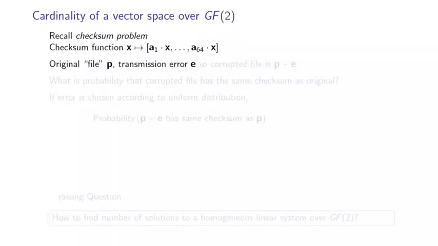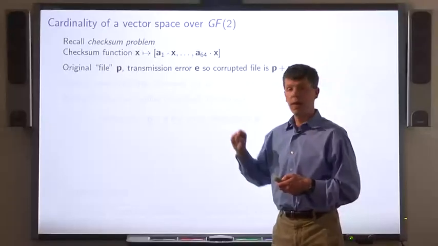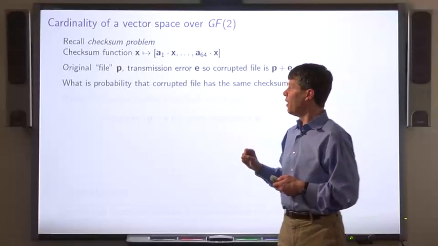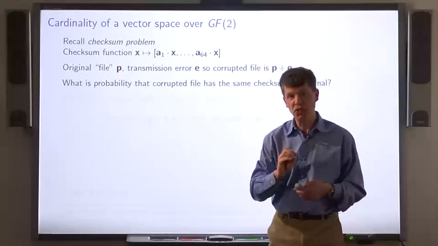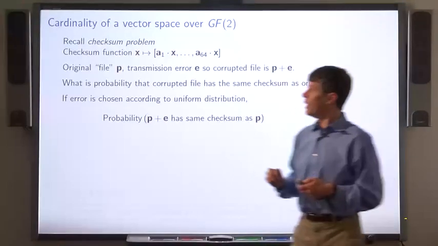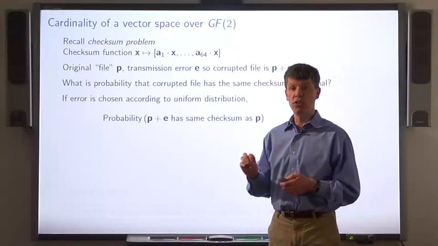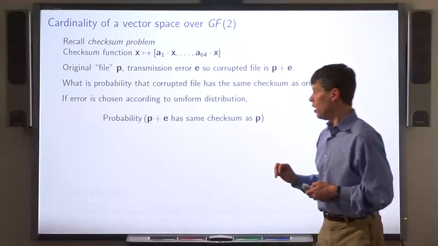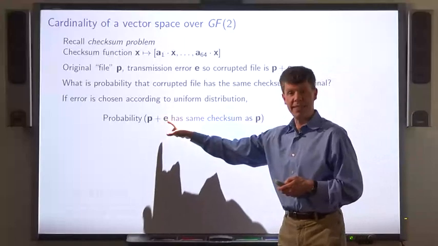Let P be the original file, and let E be the transmission error. The corrupted version of the file then is written as P plus E.